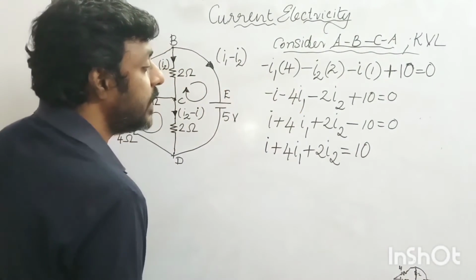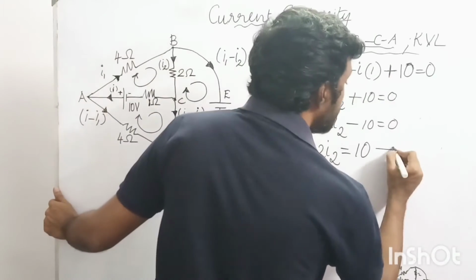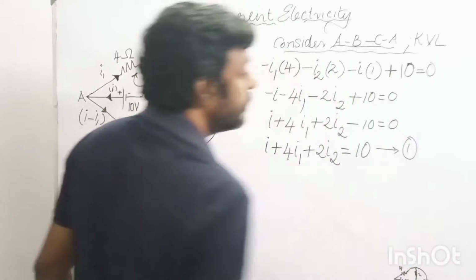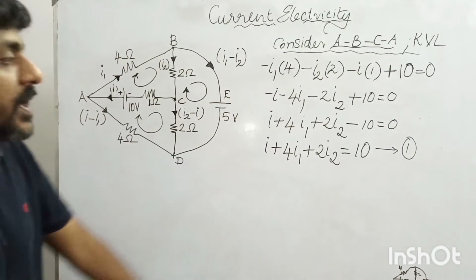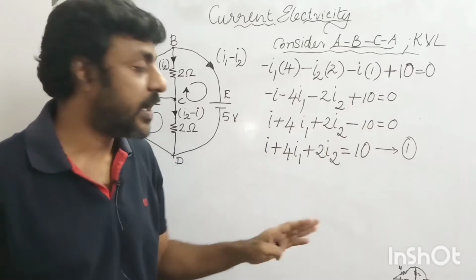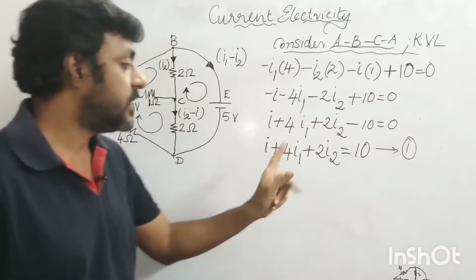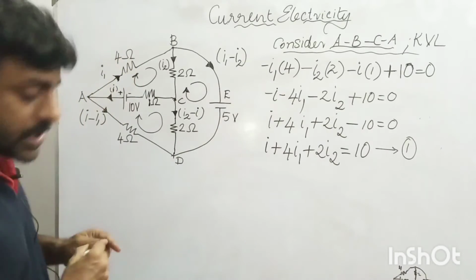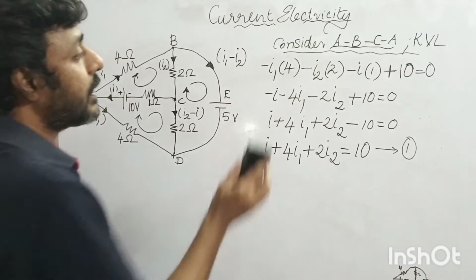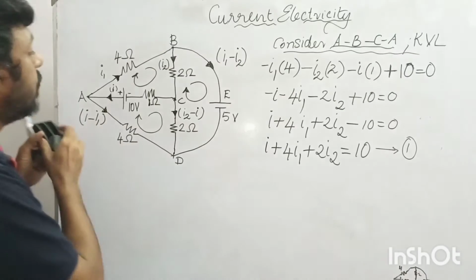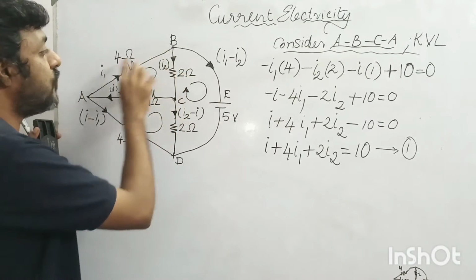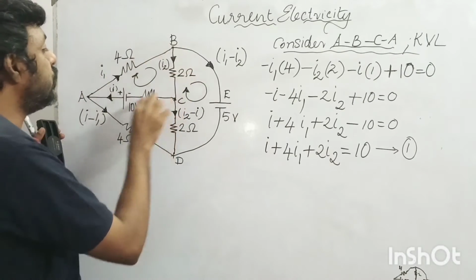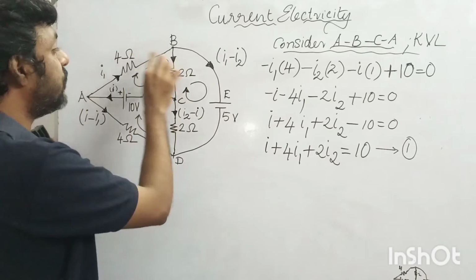Now I am going to name this equation as equation number 1. You got it? We have framed the first equation, that is I plus 4I1 plus 2I2 is equal to 10. Right? So I'll rub this one. We have formed the equation using the first loop.